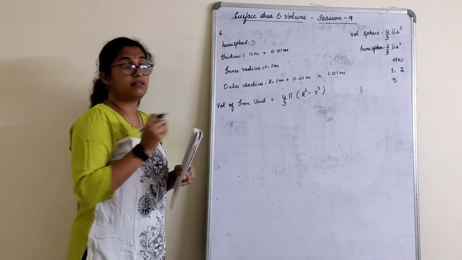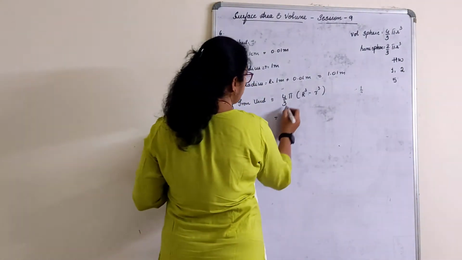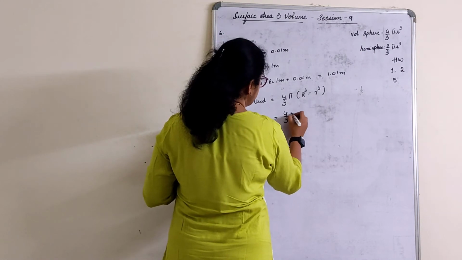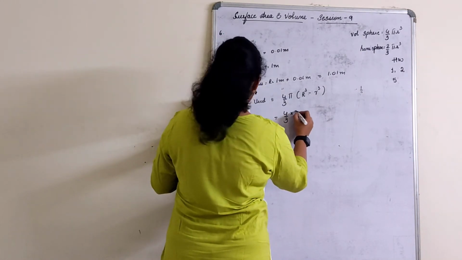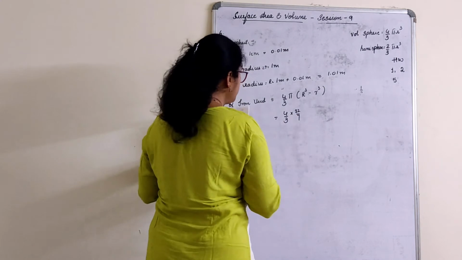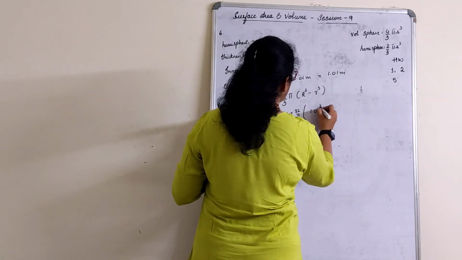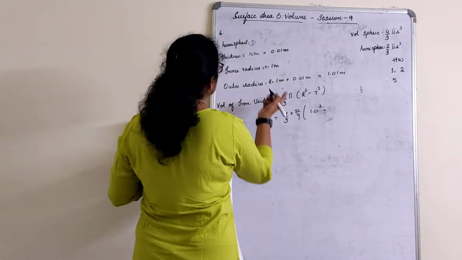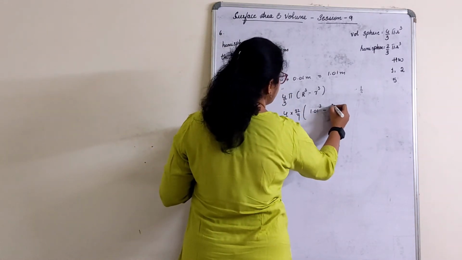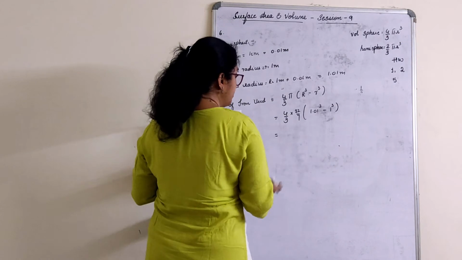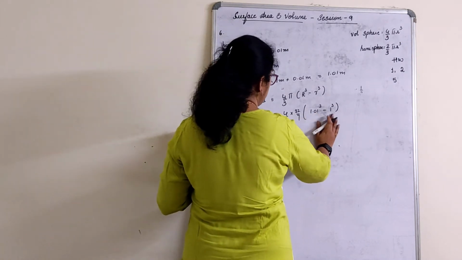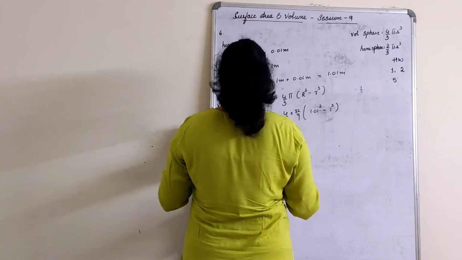Whole minus the part. That is what we have done here now. So 4 by 3 as it is, pi value 22 by 7. Now R cube is 1.01 whole cube minus the inner radius is 1 cube, right? Solve this part, find the cube of this, subtract this by 1, do the further calculation.